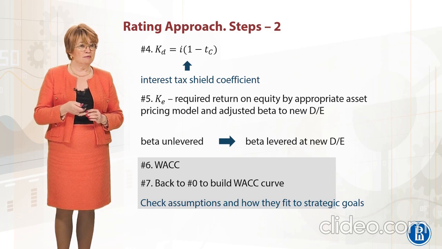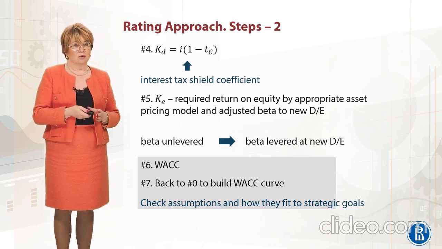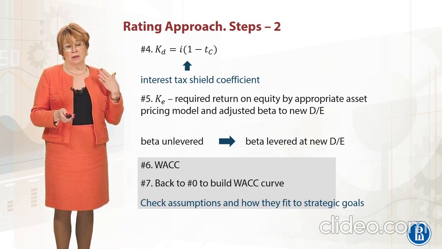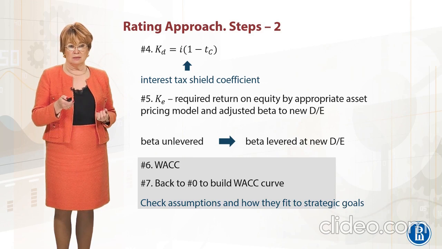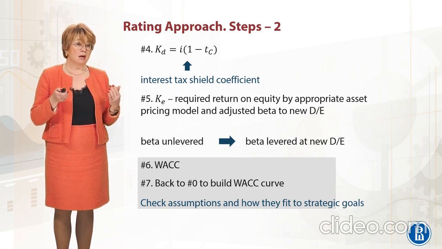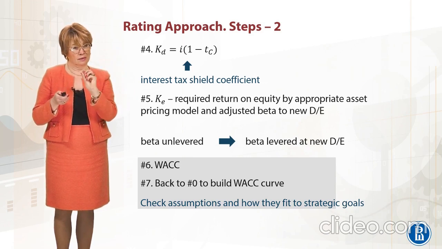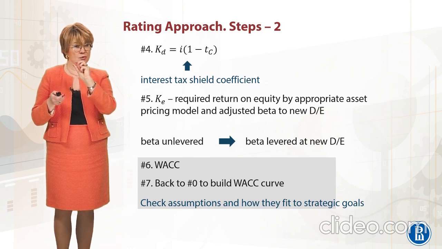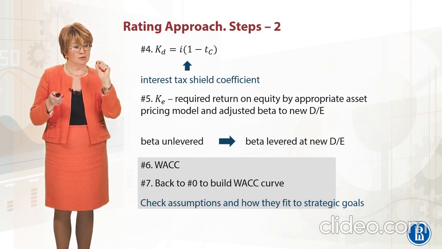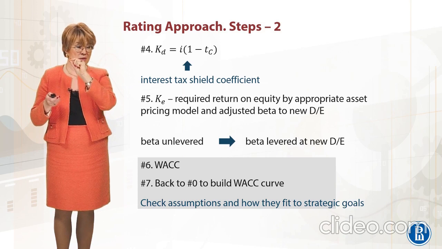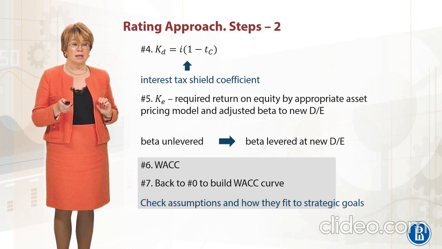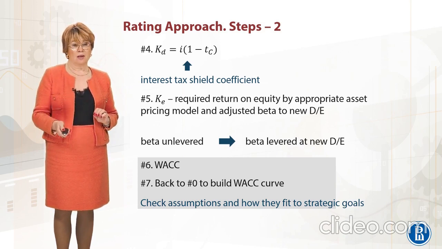At step number 7, you need to go back and build again all the steps and go through them, and then build your weighted average cost of capital curve, because you will get different values for weighted average cost of capital at different levels of your debt to equity, the coefficient which measures your capital structure.